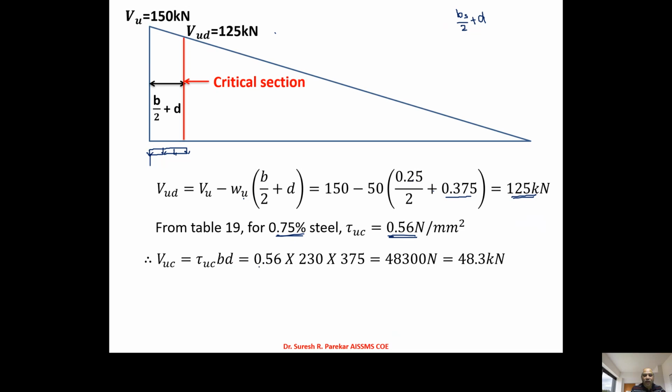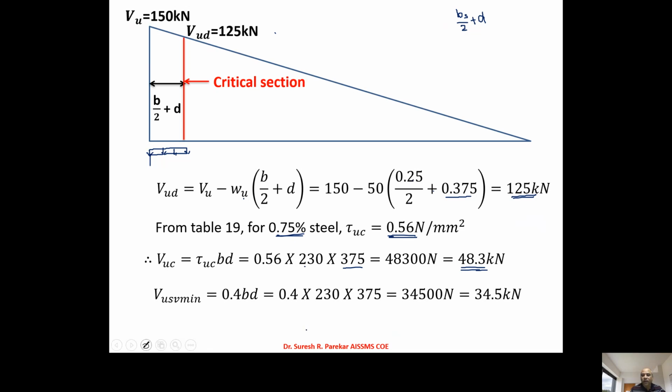So tau uc is 0.56, b is 230 and d is 375, which gives us the value of 48.3 kilonewtons. Knowing this value of Vuc, we will find the value of Vusv minimum, which is 0.4 b into d, and that gives us 34.5 kilonewton.